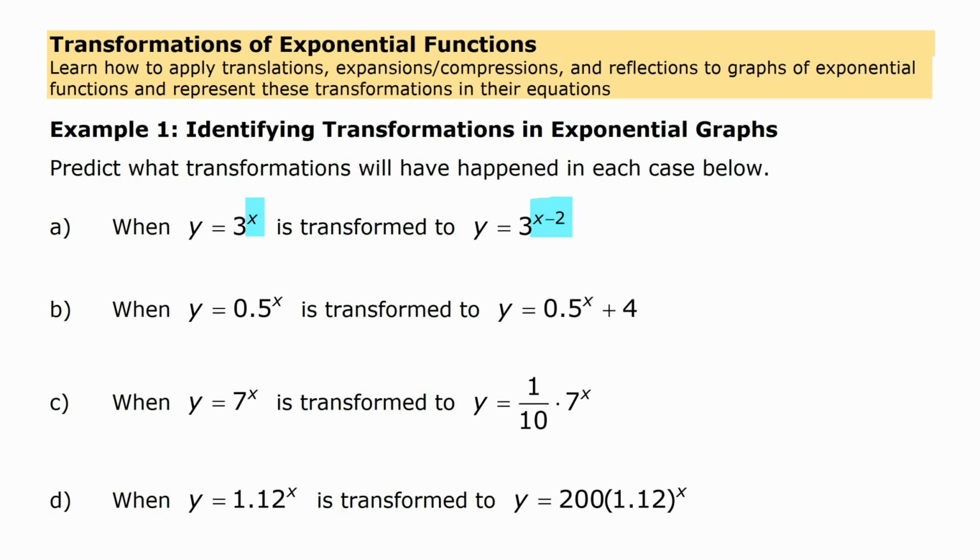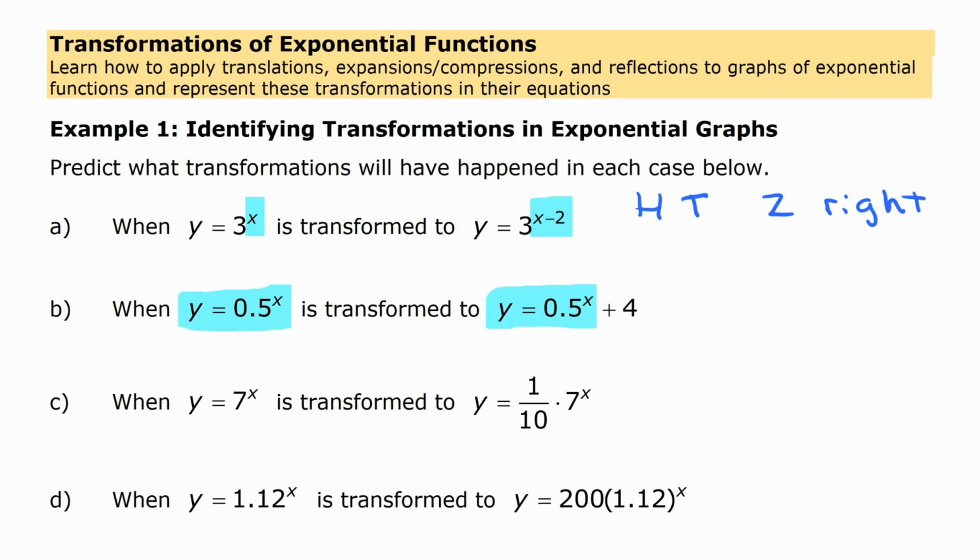Well, changing x to x minus 2 causes a horizontal translation 2 to the right. In the next one, if we take y equals 0.5 to the x, and we change it to y equals 0.5 to the x plus 4, adding that 4 onto the end of the function is going to cause a vertical translation of 4 up.